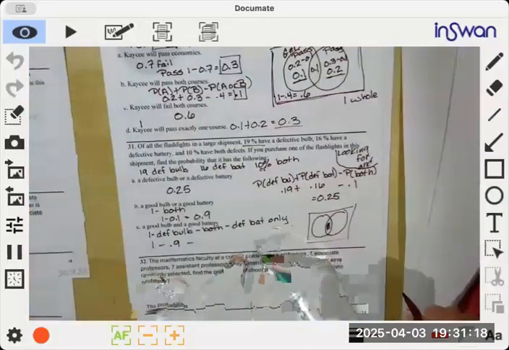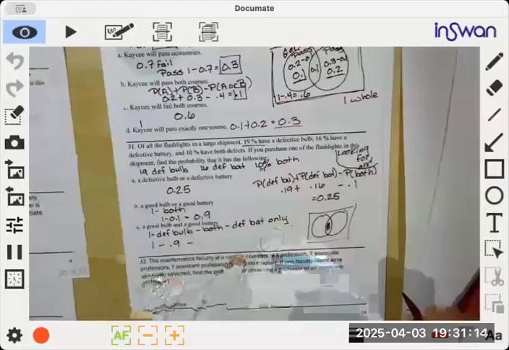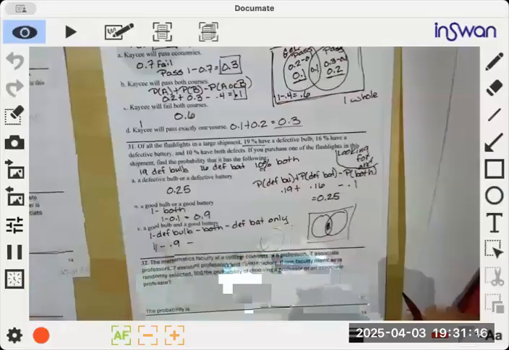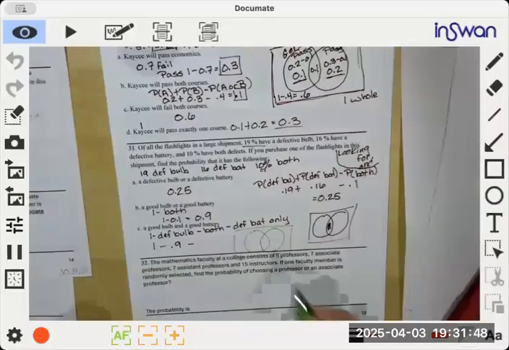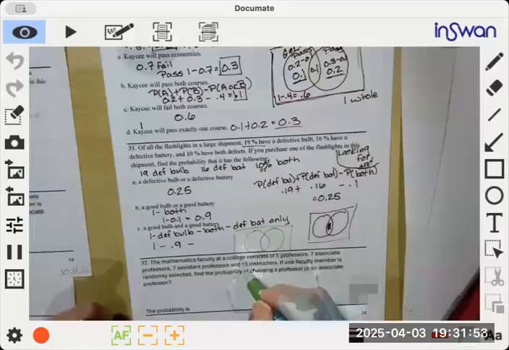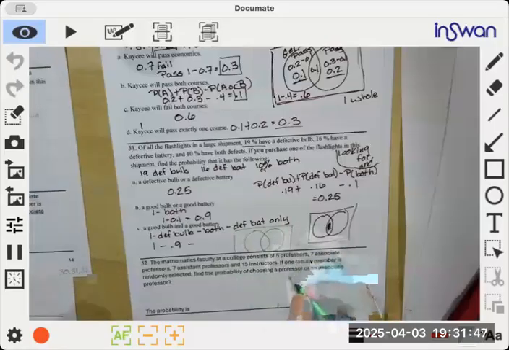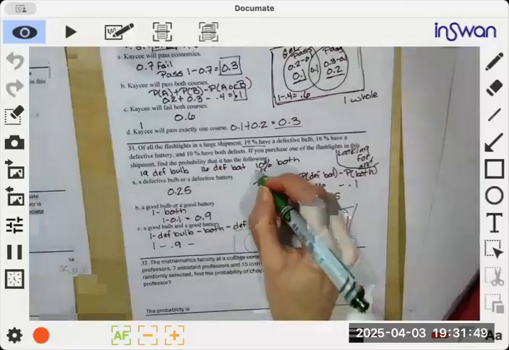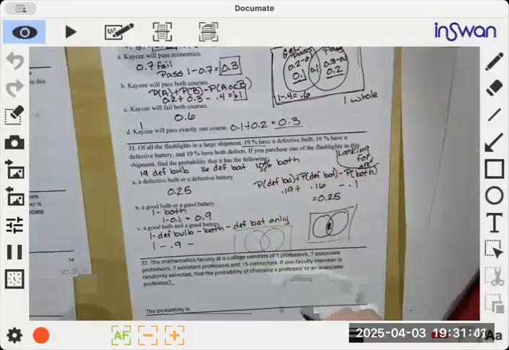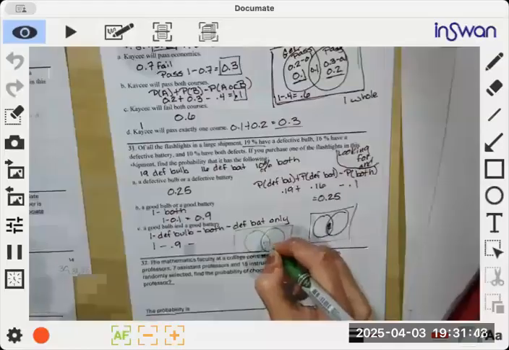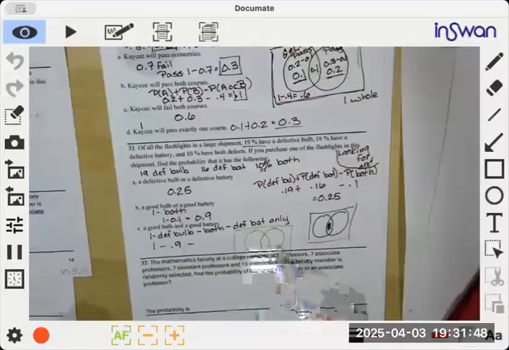Okay, so the both defects is 0.1. So that goes in the middle. It's got both.